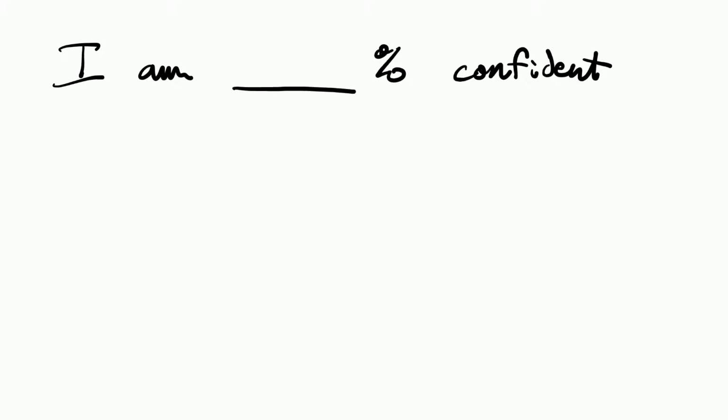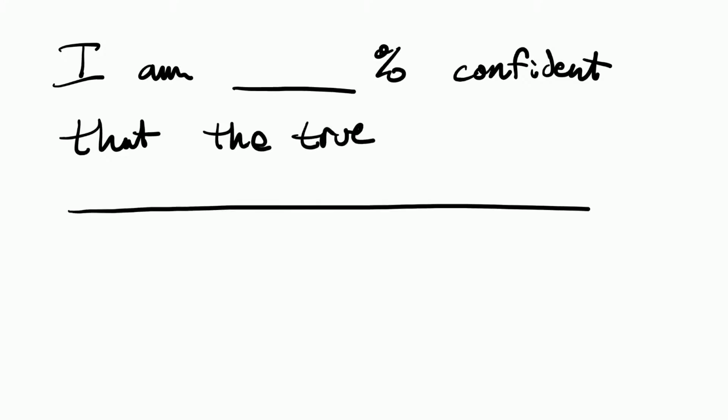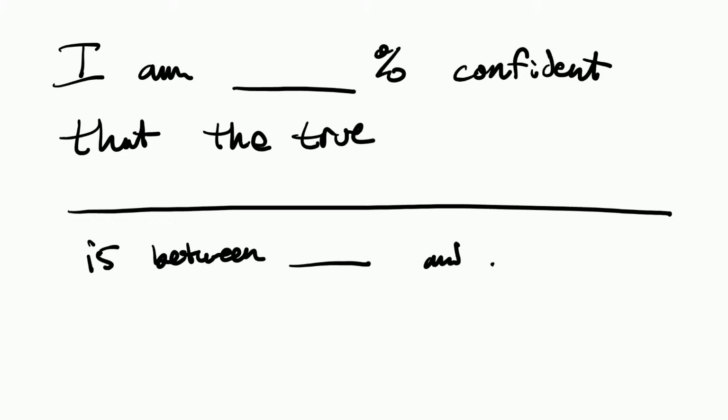I am blank % confident that the true, big blank here, I'll explain, is between blank and blank. Okay, so this is the confidence level. So that's easy enough, you know, 95%, 99%.